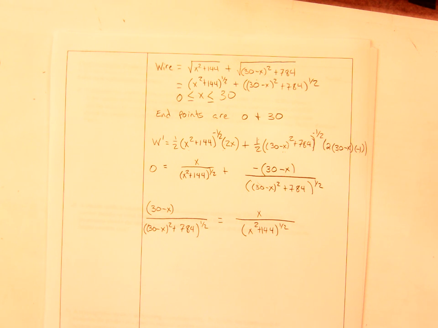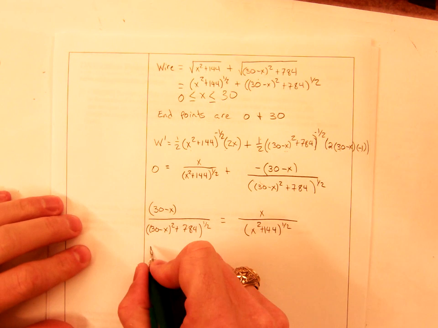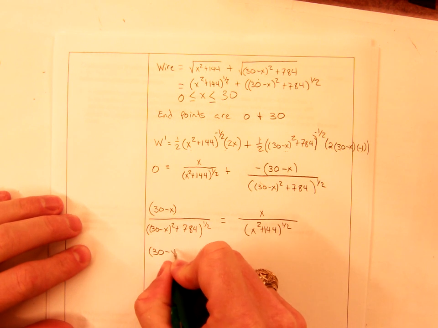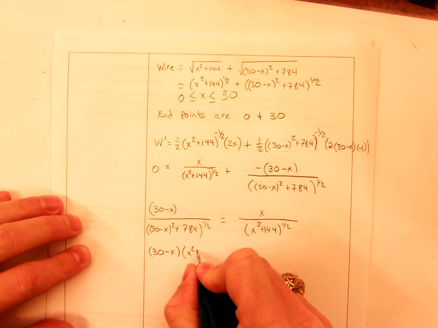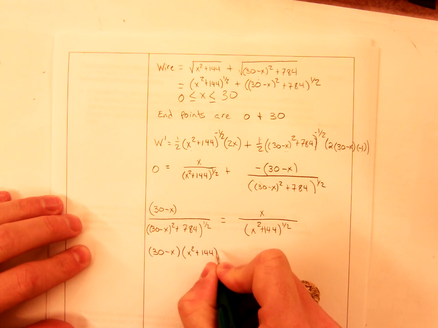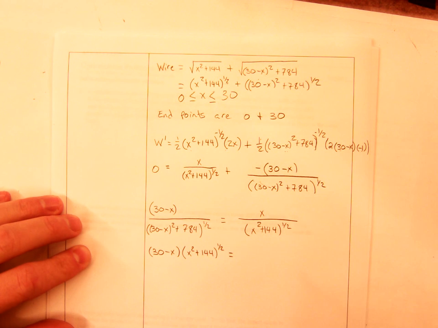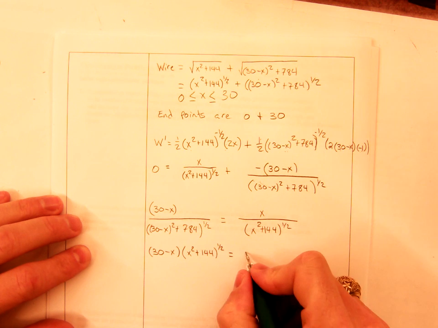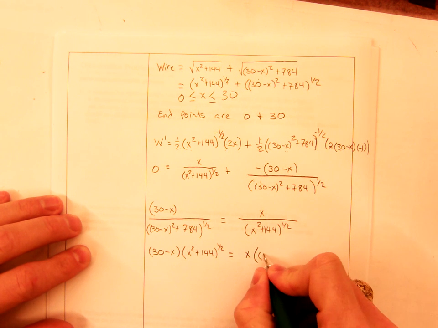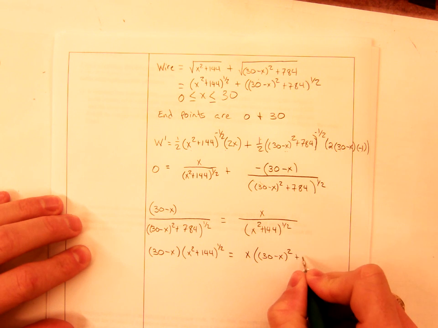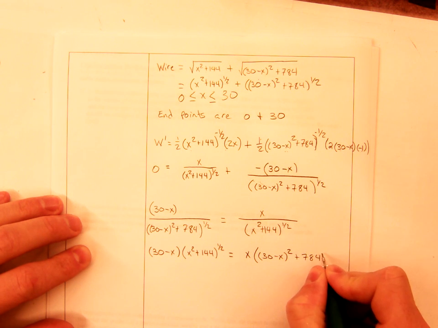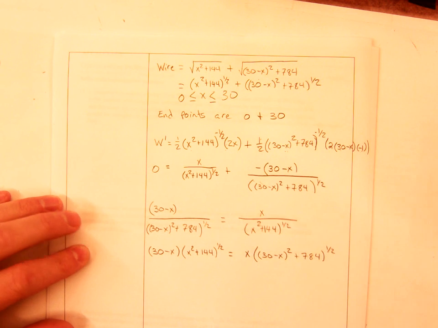So this is going to end up being 30 minus x times the square root of x squared plus 144, and that's going to equal x times the square root of (30 minus x) squared plus 784.